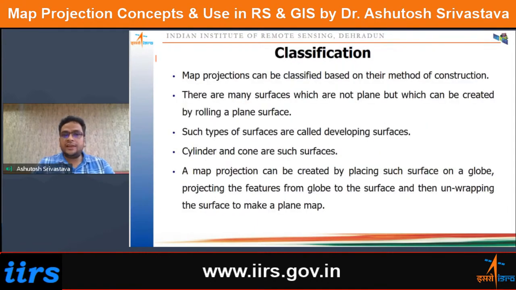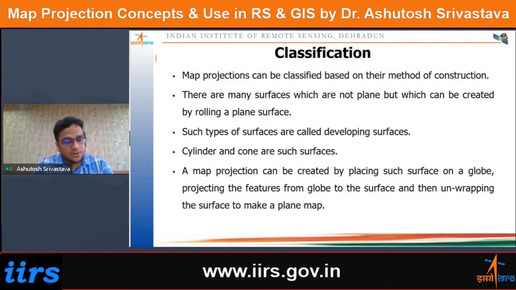Map projections can be classified based on their method of construction. There are many surfaces which are not plane but which can be created by rolling a plane surface. You understand, just now we discussed a cone and a cylinder. They are not plane surfaces but can be created by rolling a plane surface. You project onto the wall of this cylinder or cone, and then you unwrap it.